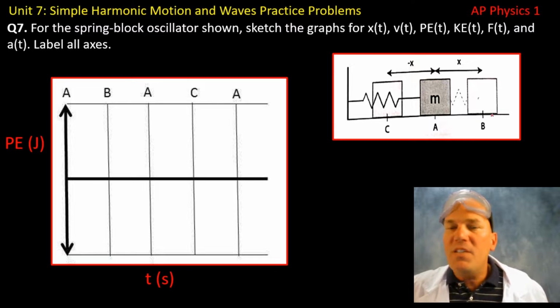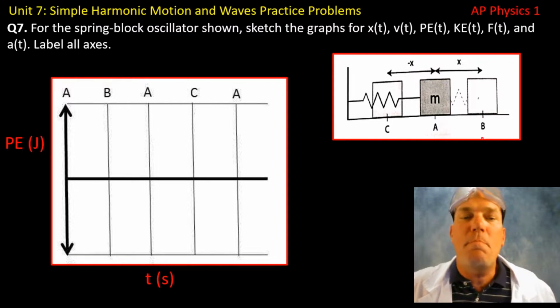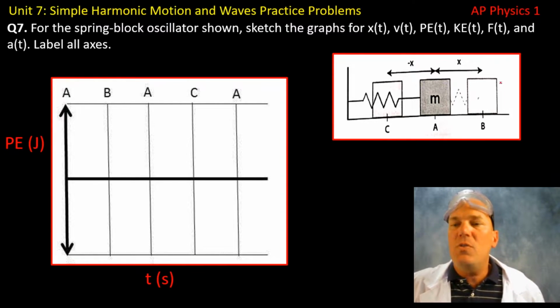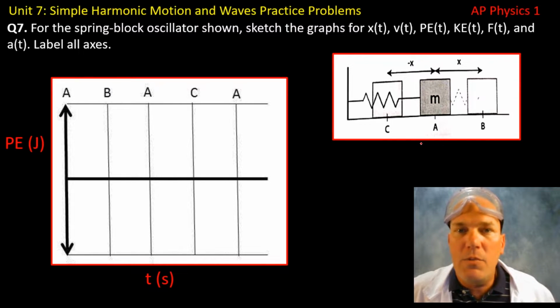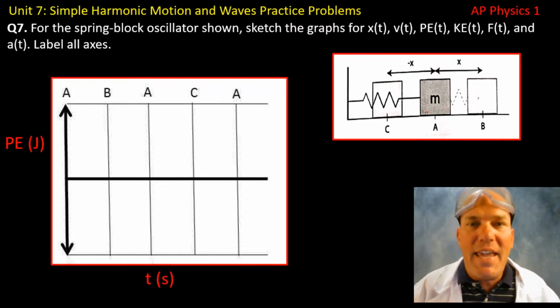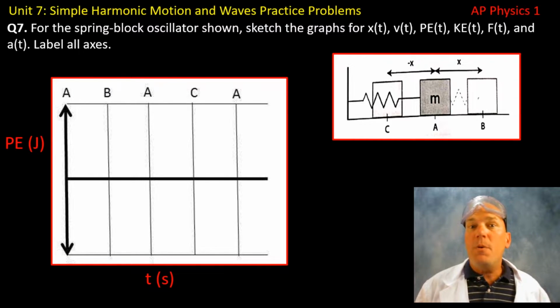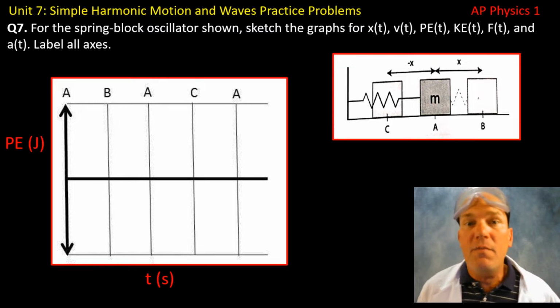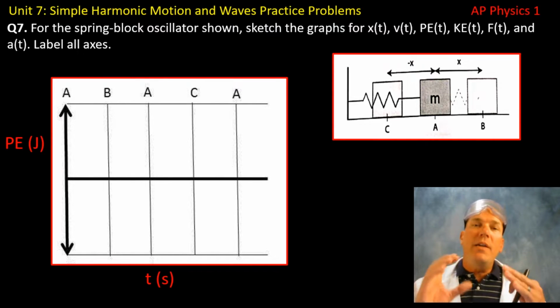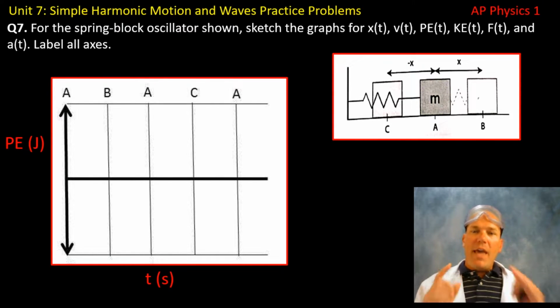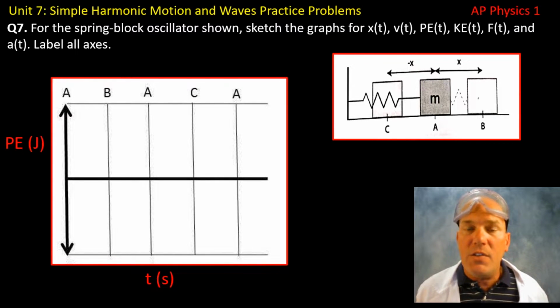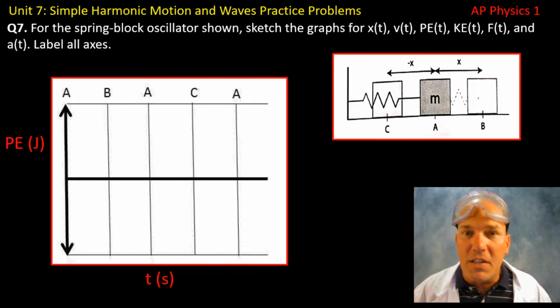At positions B and C, we have the maximum potential energy, 1/2 kx squared. At position A, we have the maximum kinetic energy, at which point all potential has been converted into kinetic, and thus we get 0 at position A because there is no more spring energy.